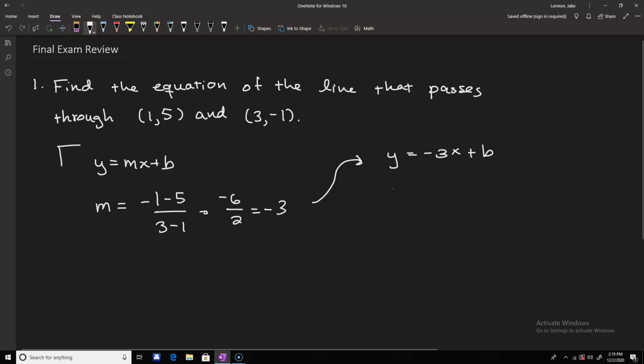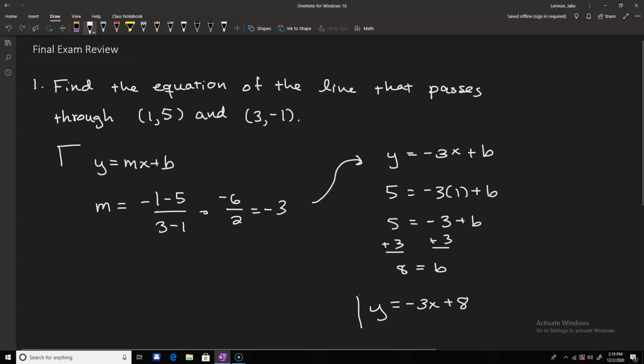So let's plug in (1, 5). 5 replaces y, and 1 will replace x, and then we can just solve for b by adding 3 to both sides. So we see that b is actually equal to 8. So the equation of our line is y equals -3x plus 8. And that is the answer for number 1.